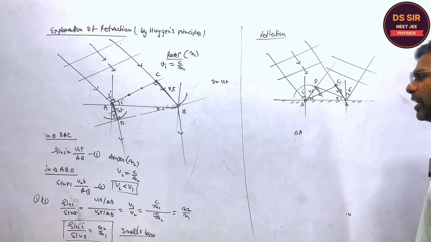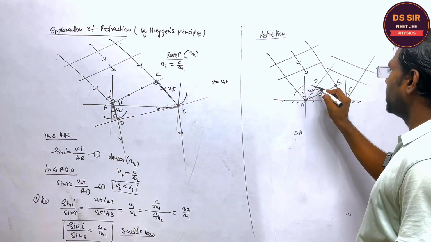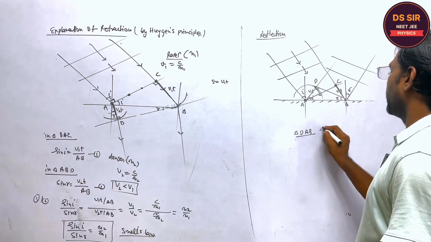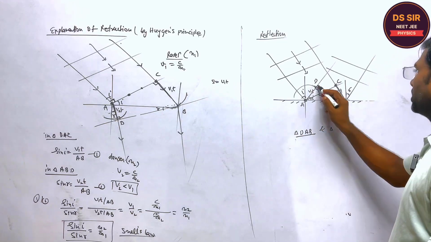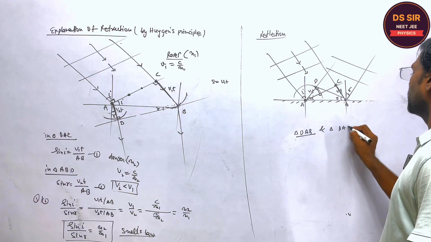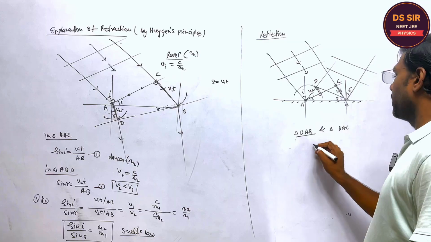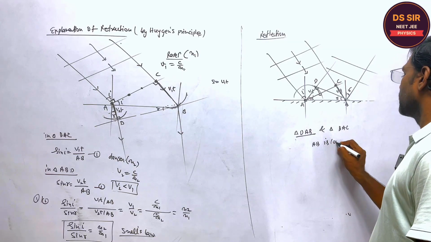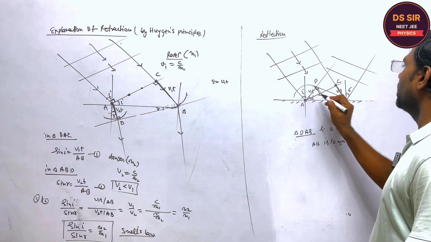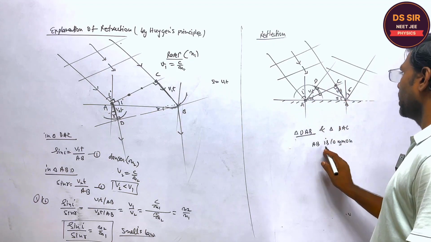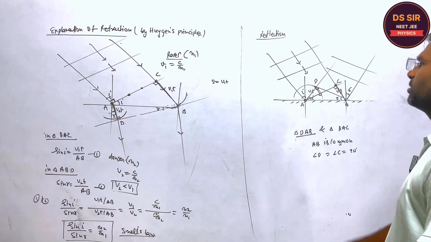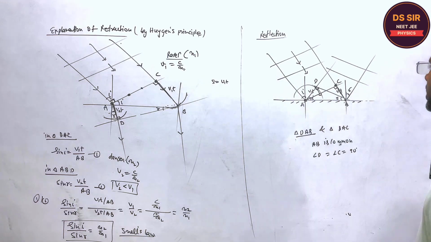In triangle DAB and in triangle BAC, the side AB is common. Are you getting or not? This angle and this angle, two angles are 90. Angle D is equal to angle C is equal to 90 degree.